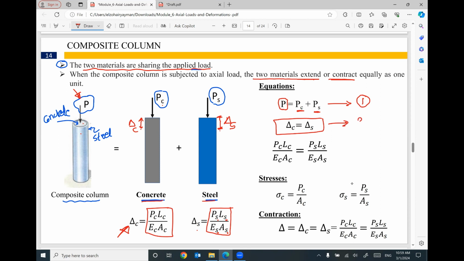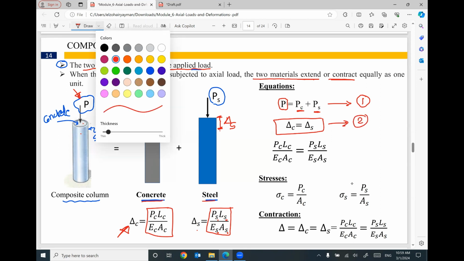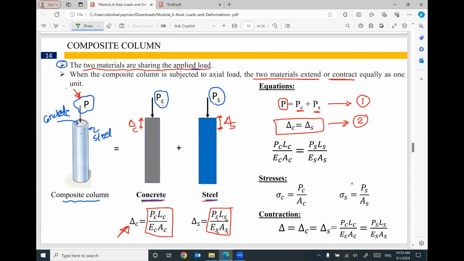This is equation number 2, from compatibility. Because the two materials work together as one unit. No one will leave the other one. No separation. If the concrete moved down 1 inch, the steel must move down 1 inch. If the concrete contracted 0.5 inch, the steel must contract the same amount.